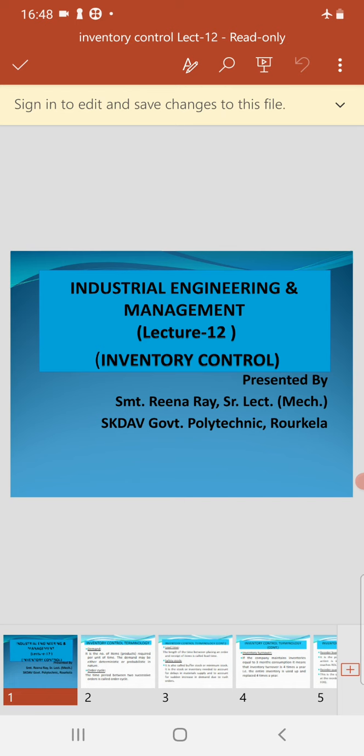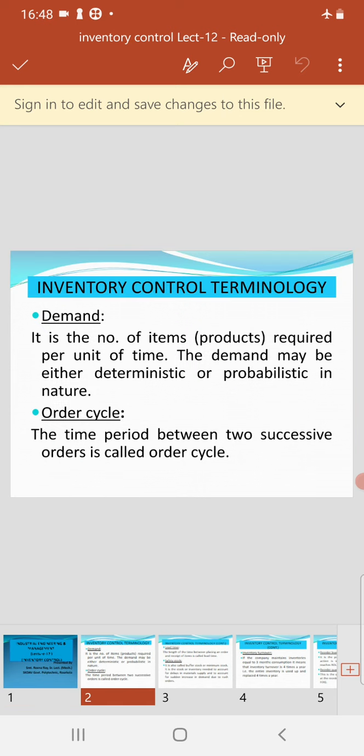So in the last video we have discussed what the different costs associated with inventory are. For inventory control, and to calculate economic order quantity to place an order, we have to be acquainted with some terminology of inventory.